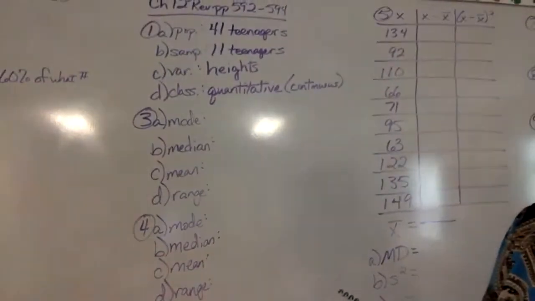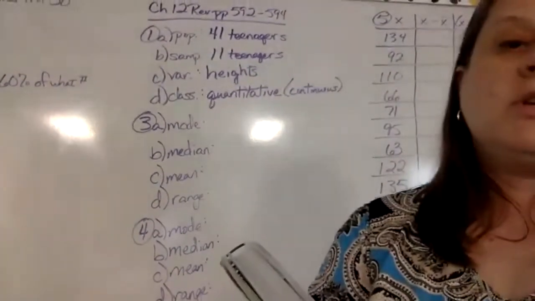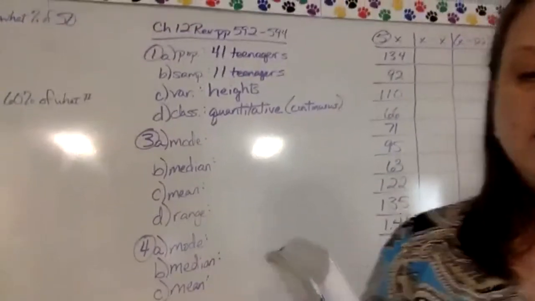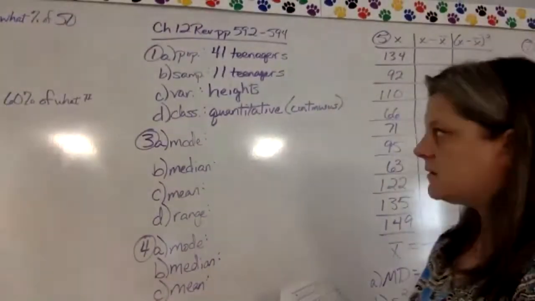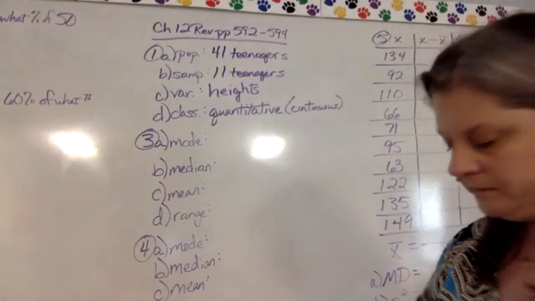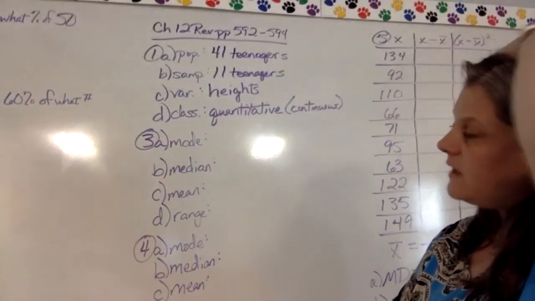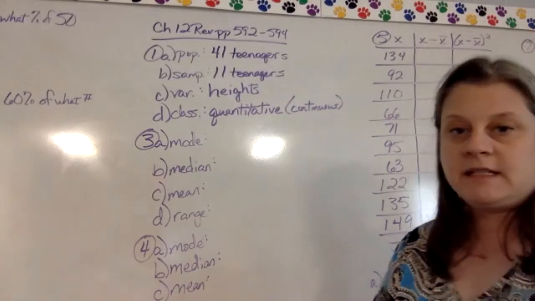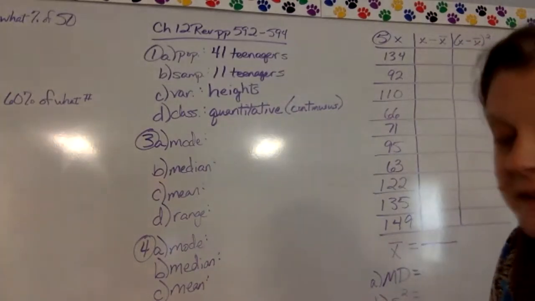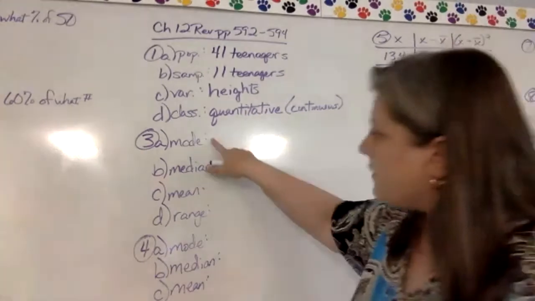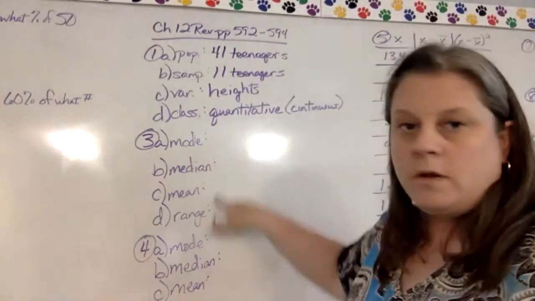Okay, now for number 2, it's the same way. We don't need to do that one. Y'all did pretty good with those. Number 3 and 4 dealt with our basic statistics, our measures of center. Remember our 3 M's, mean, median, and mode.